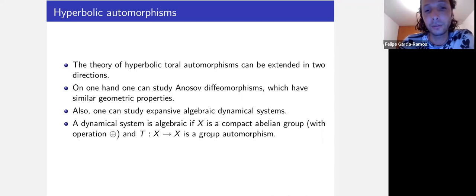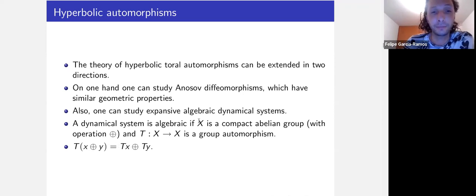So we want this to be a group automorphism. This just means that if we apply T to X plus Y, we get TX plus TY. In the hyperbolic toral automorphism, T is a matrix multiplication, so obviously it satisfies this property.